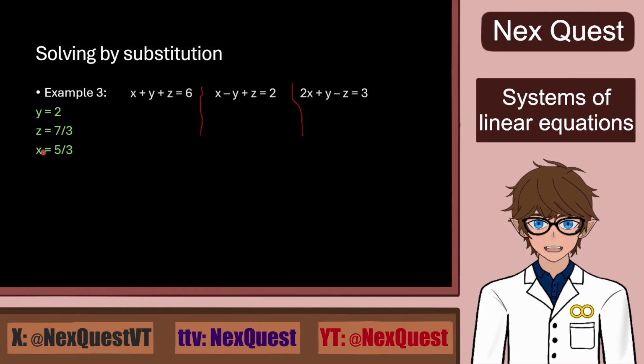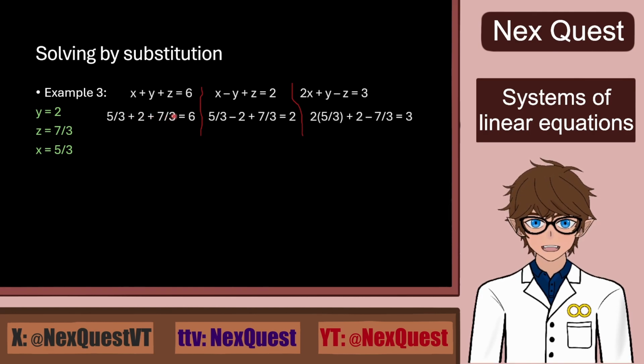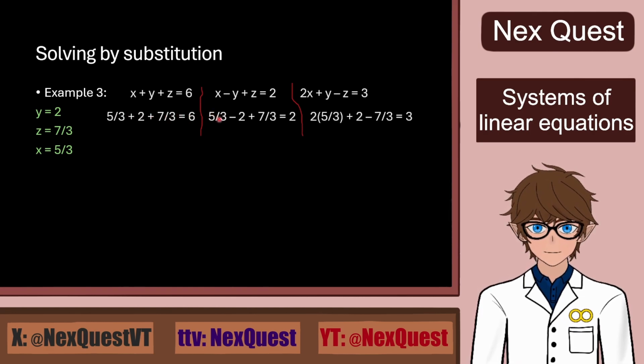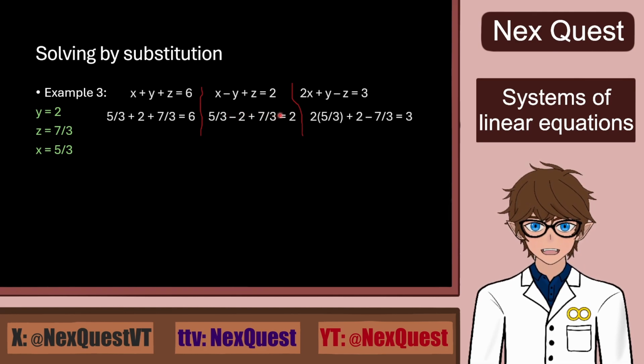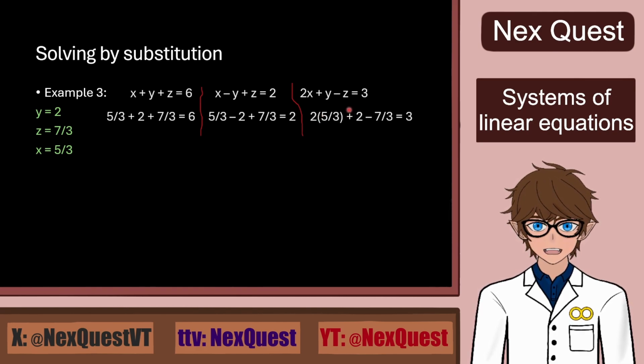So we put x, y, and z in the first equation, we get 5/3 plus 2 plus 7/3 equals 6. In the second equation, we get 5 divided by 3 minus 2 plus 7 divided by 3 is 2. And the third one, it's a bit more complicated with the multiplications, but we get 2 times 5/3 plus 2 minus 7/3 equals 3.